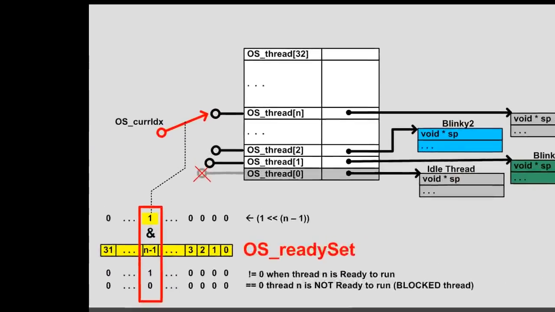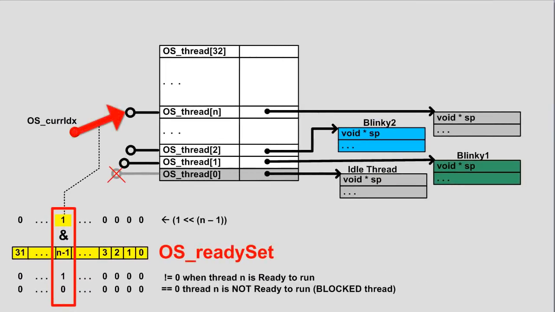As shown in this diagram, to check if thread n is ready to run, you need to synthesize a bit mask that has only the n-1th bit set, and you need to bitwise AND it with OS ready set. If the result is 0, you need to keep going, because it means that the bit is not set, so the corresponding thread is not ready to run. Also, you need to be careful to exclude the idle thread from the round-robin scheduling by skipping the index 0.